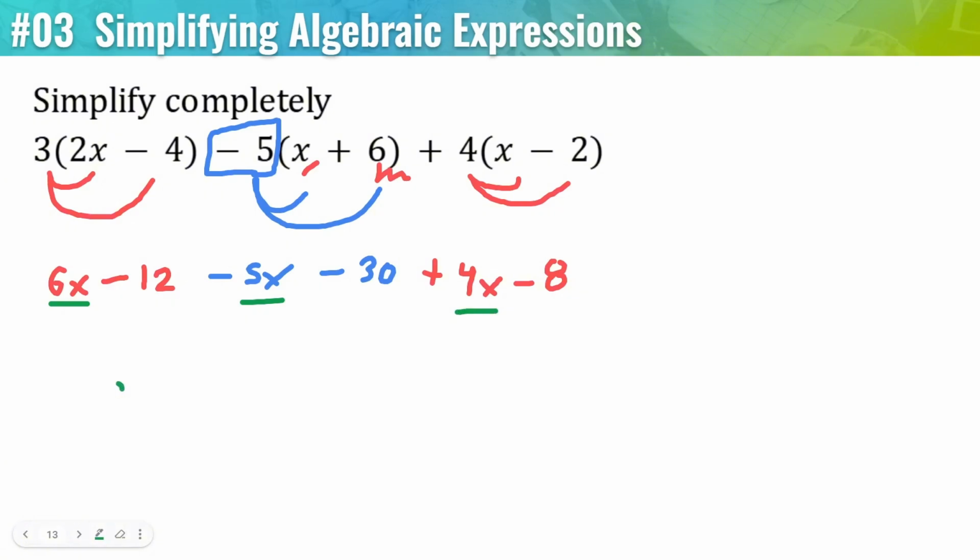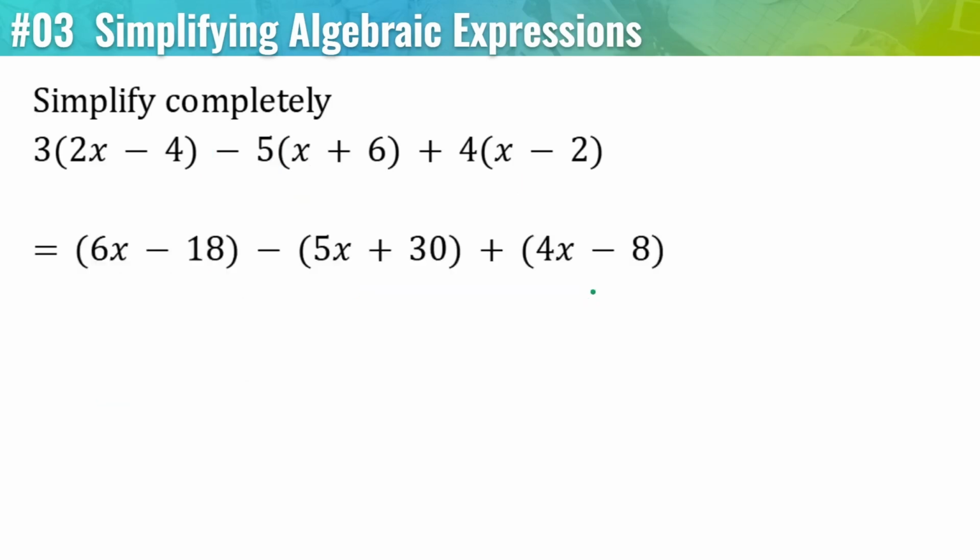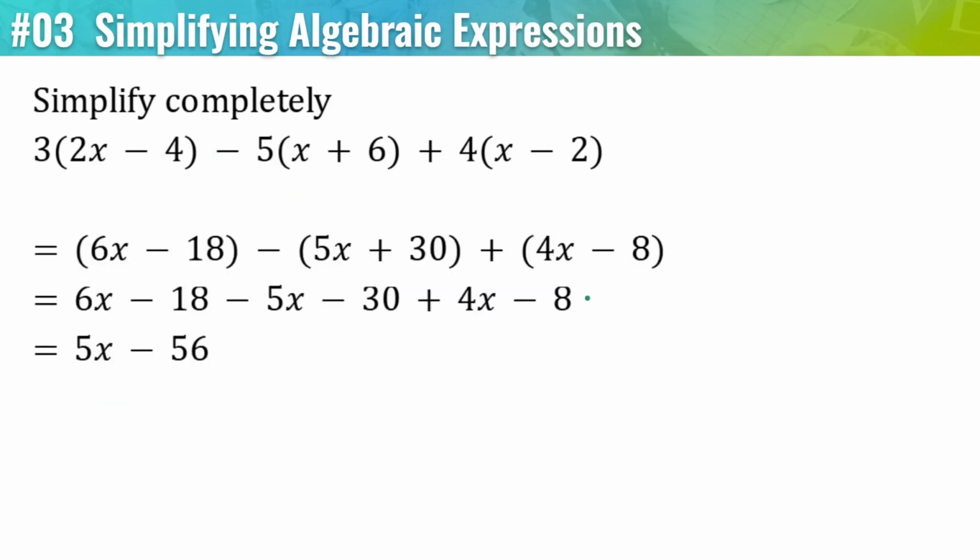So basically what we want to do is 6 minus 5 plus 4. That's going to be 5x. And then we add the remaining constant. So we have 5x minus 56. So 56 comes from here, here, and here.